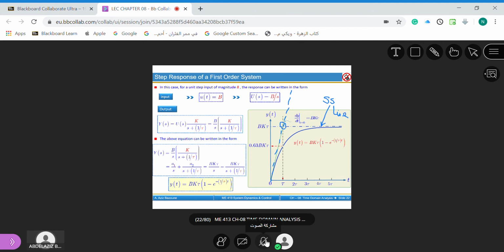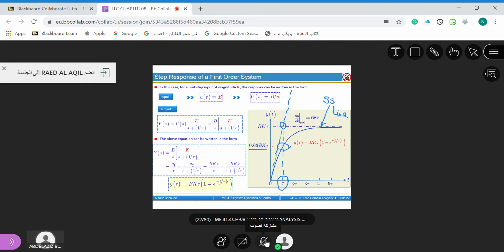From this point here, you draw a vertical line. This vertical line gives you the value of tau here. At this value of tau, the response is at 63% of the final value.